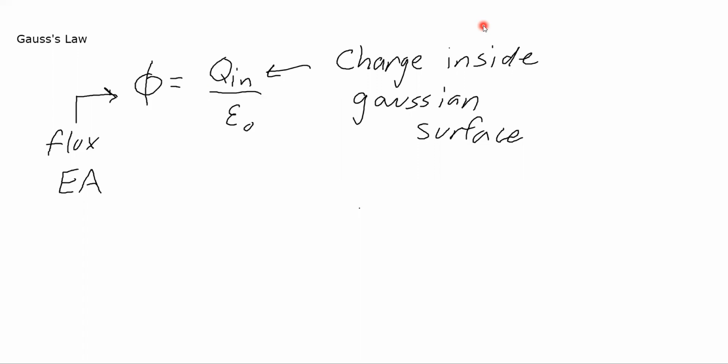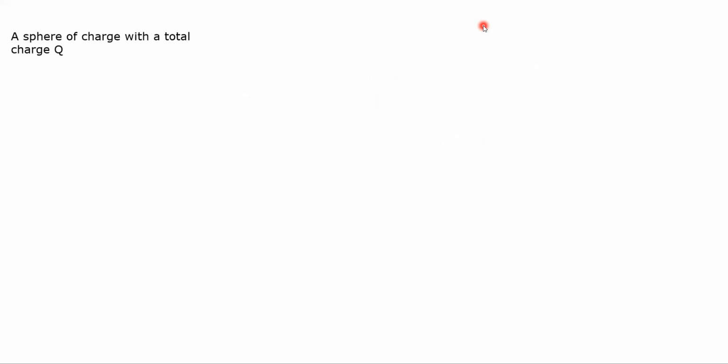All right. So our first example is just a sphere with a total charge Q, and I should add here that it's uniformly charged, with uniform charge density. Okay, so let me put a sphere here.